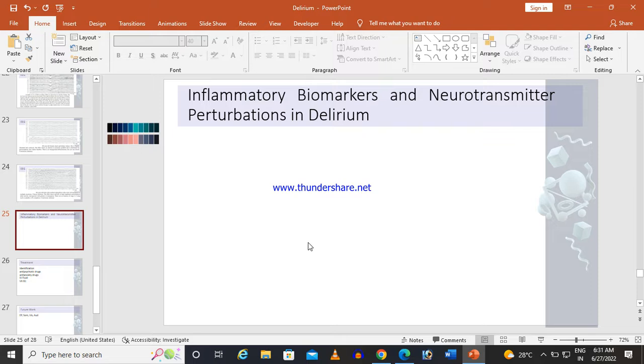This neurotransmitter fluid basically controls the impedance while the electrical signal is transmitted from one neuron to another. So there is a significant perturbation in neurotransmitters in delirium. This is a vast part. I have worked a lot on that, so I have not elaborated. If you need, I will add it later.